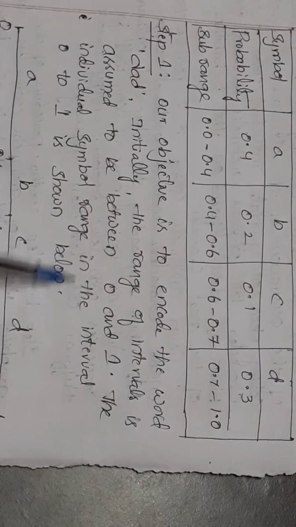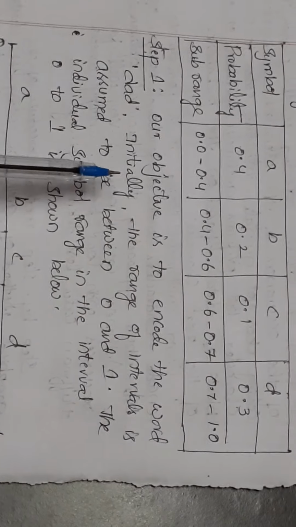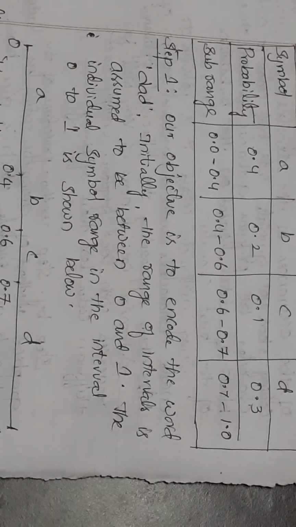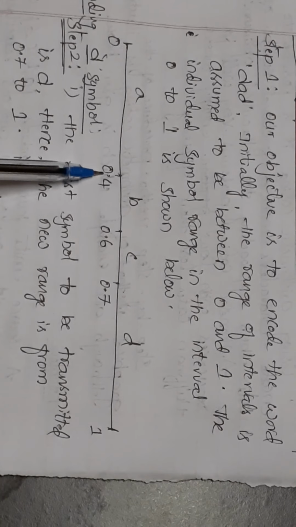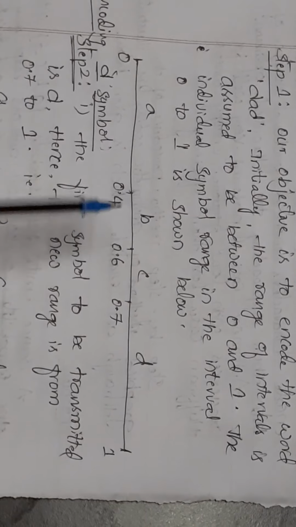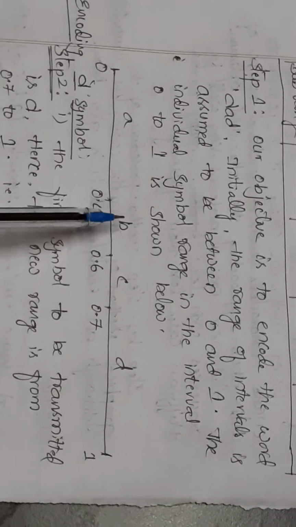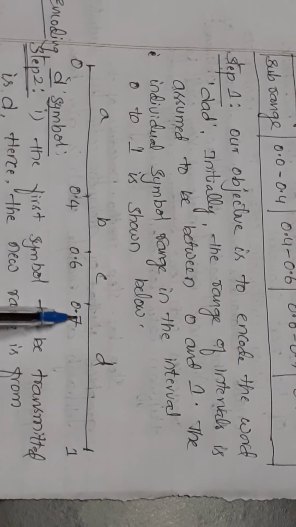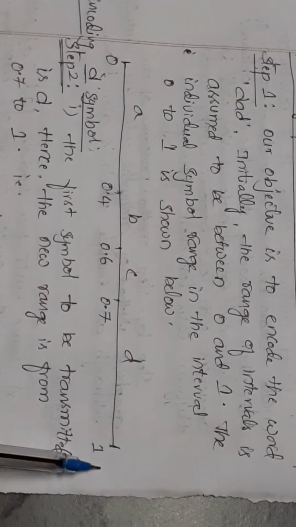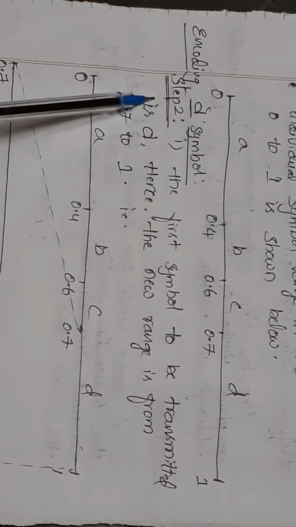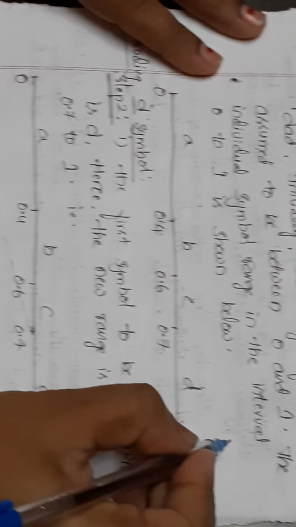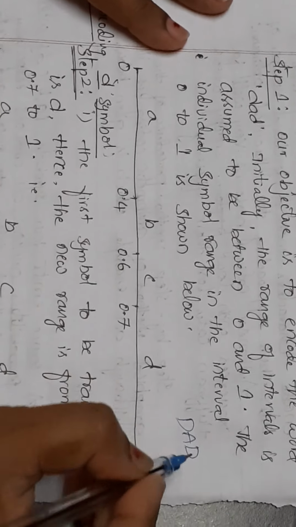The first step is to draw a line and divide 0 to 1 into intervals: 0.0 to 0.4 for A, 0.4 to 0.6 for B, 0.6 to 0.7 for C, and 0.7 to 1 for D. Then in the next step, the encoding step, the word we are encoding is DAD.